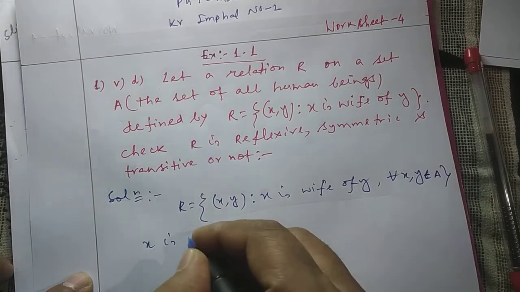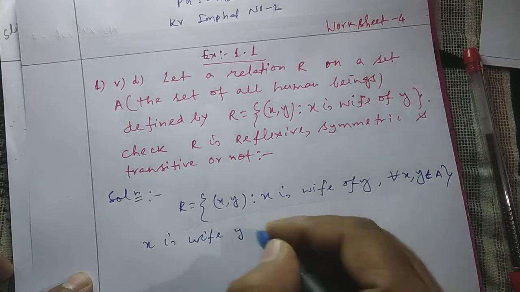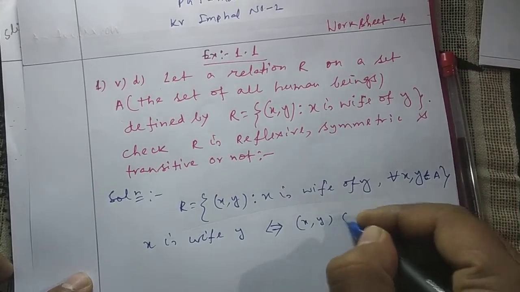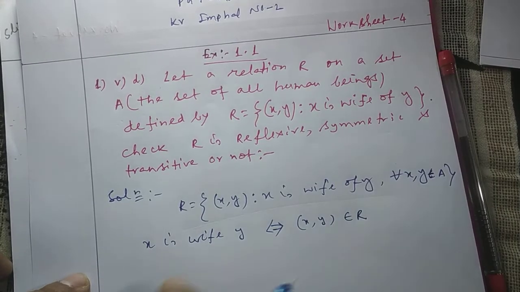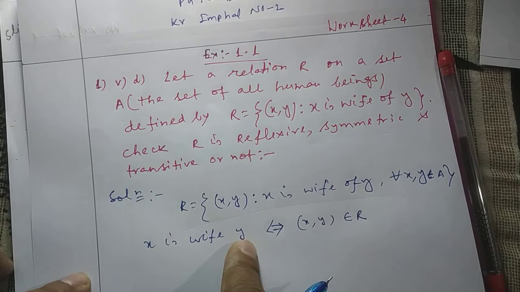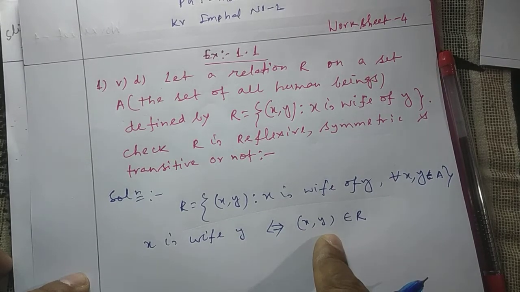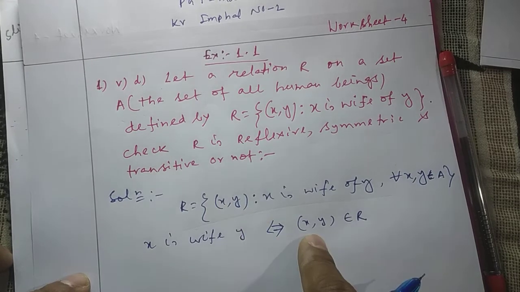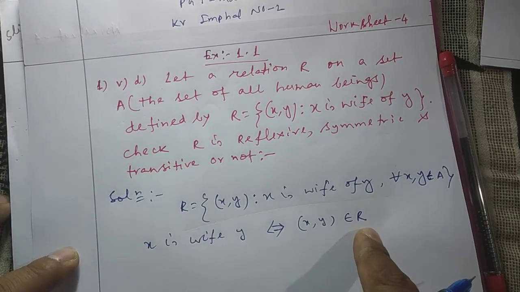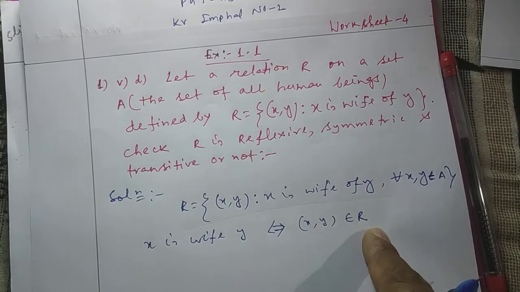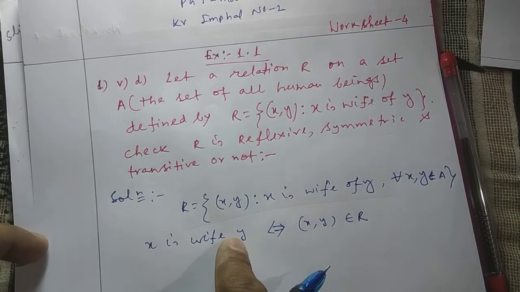If x is wife of y, double implying (x, y) belongs to R. The meaning of this one is: if x is wife of y, then the ordered pair (x, y) will be satisfying the given relation, meaning (x, y) belongs to R. And conversely we can say if (x, y) belongs to R, then x will be wife of y.